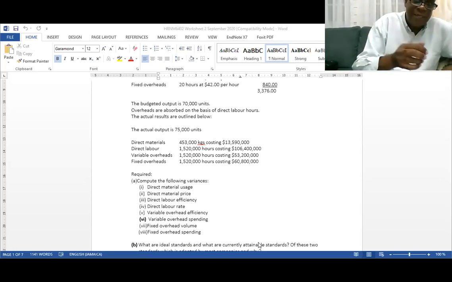We recognize that we have used more hours than we planned to use, and therefore it's going to be adverse. We have used more hours than we planned to use.